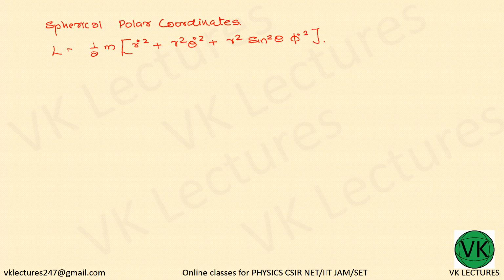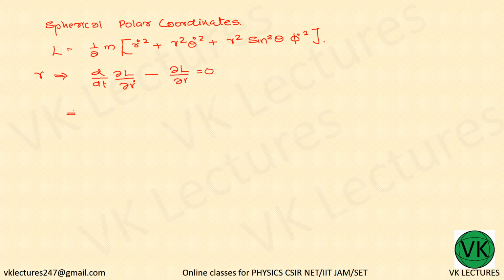Now what is the Lagrangian equation of motion? For r we have d by dt of dou L divided by dou r dot minus dou L by dou r equal to 0.